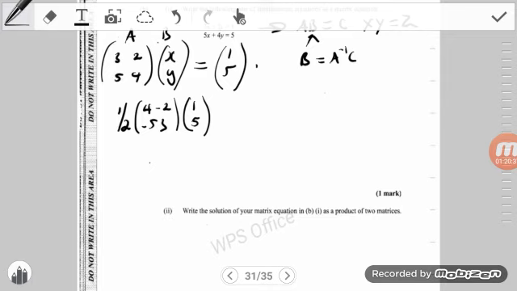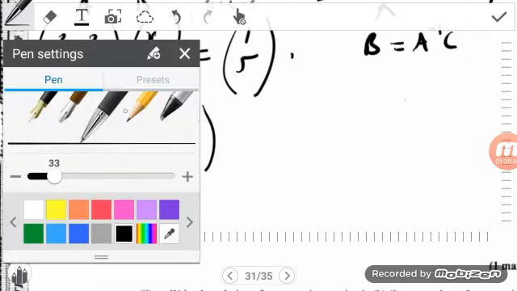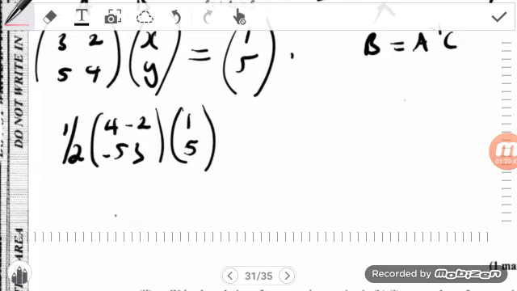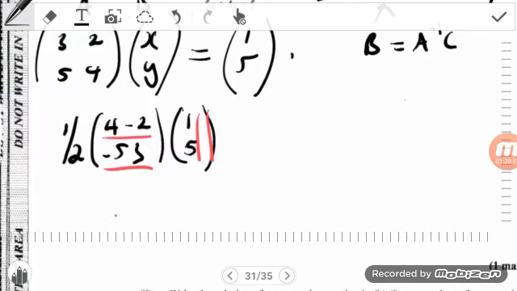Alright? So row by column for this. We're going to leave the fraction for last. So row by column, and then we're going to go row by column again. We just did some multiplication earlier, so you should get the hang of this. So this is going to be half multiplied by 4 times 1 is 4, plus -2 times 5 is -10.